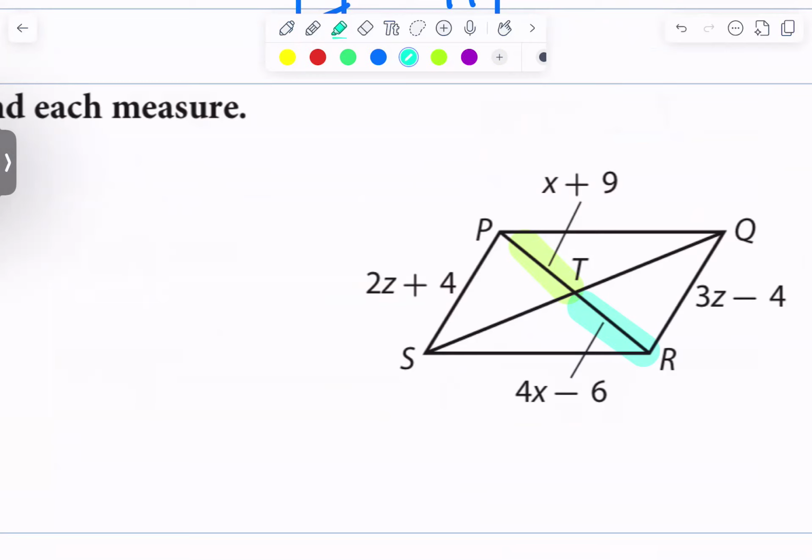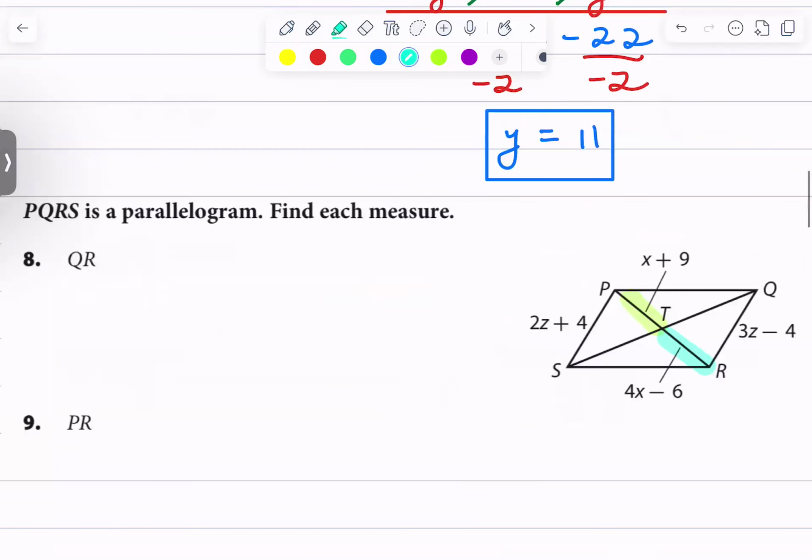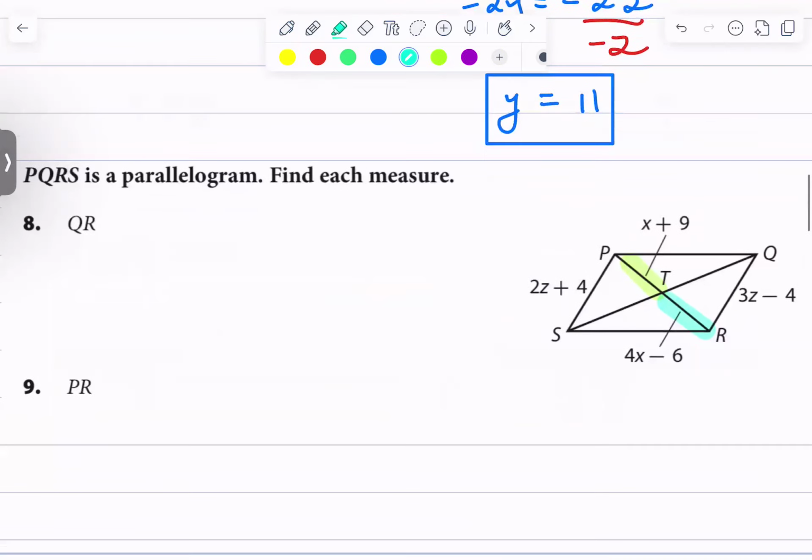They're equal to each other, right? So if they are equal to each other, then we can make them equal to each other. So x plus 9 equals 4x minus 6. And we're going to go ahead and solve.